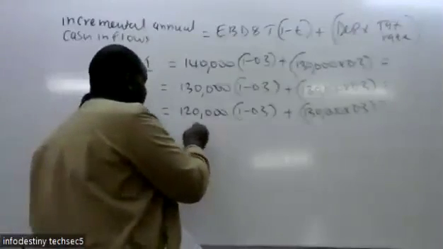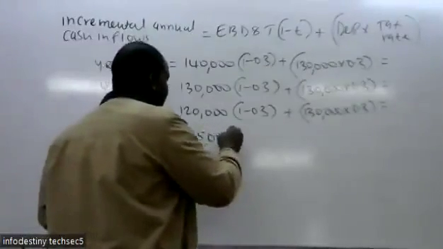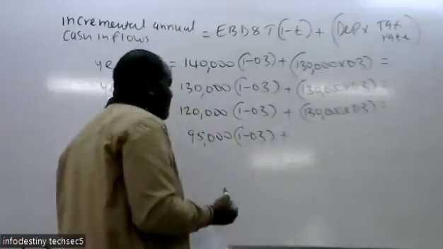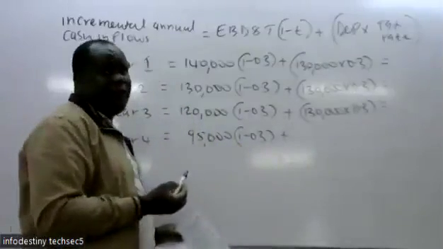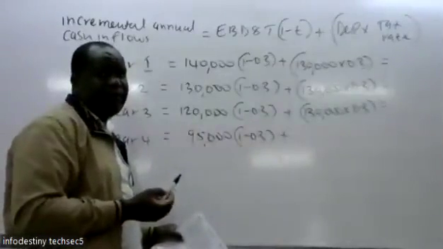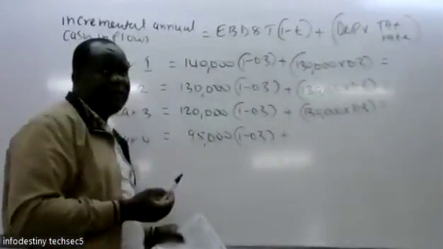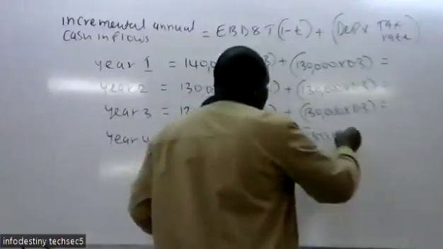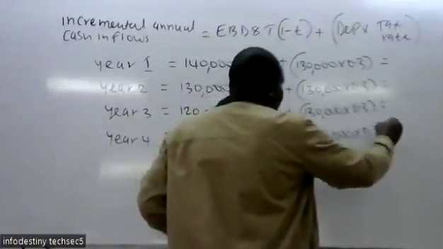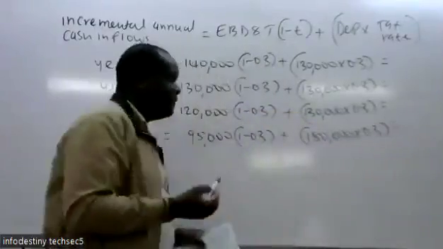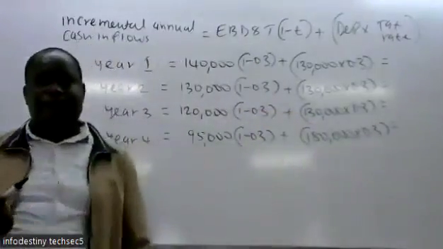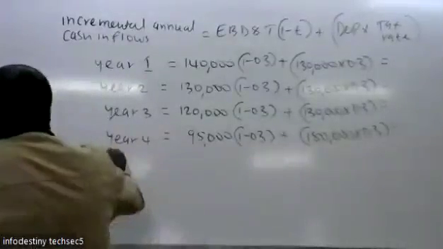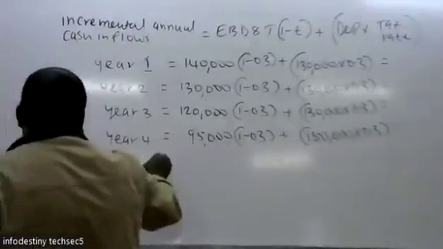So 95. But depreciation for year 4 and year 5, which year was it? 180,000, also multiplied by 0.3. Then we also go to year 4, year 5, sorry.